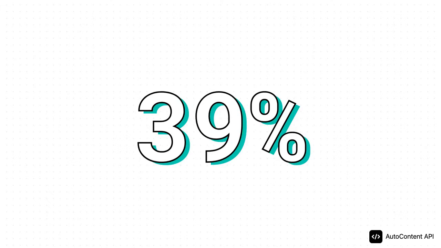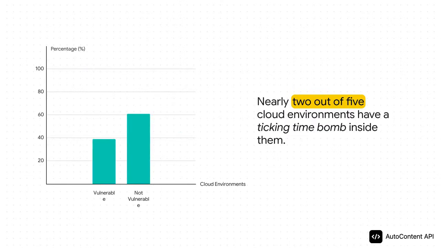Almost 2 out of every 5 cloud environments are running a vulnerable version of React or Next.js. The potential attack surface here is just, it's massive. This chart really puts that number in perspective, doesn't it? We are literally looking at nearly 2 out of every 5 cloud environments with this ticking time bomb just sitting there. It just goes to show you how widespread these frameworks are, which in turn means this vulnerability is everywhere.